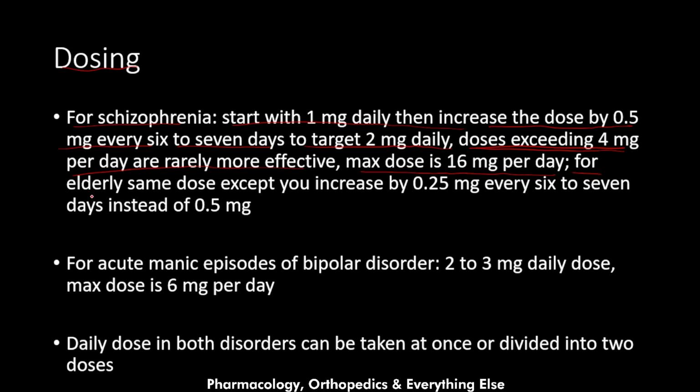And for elderly, the same dose except you increase by 0.25 milligrams every 6 to 7 days instead of 0.5 milligrams. And for acute manic episodes of bipolar disorder, you use a 2 to 3 milligrams daily dose, and the max dose is 6 milligrams per day of risperidone. And the daily dose in both disorders can be taken at once or divided into 2 doses per day.